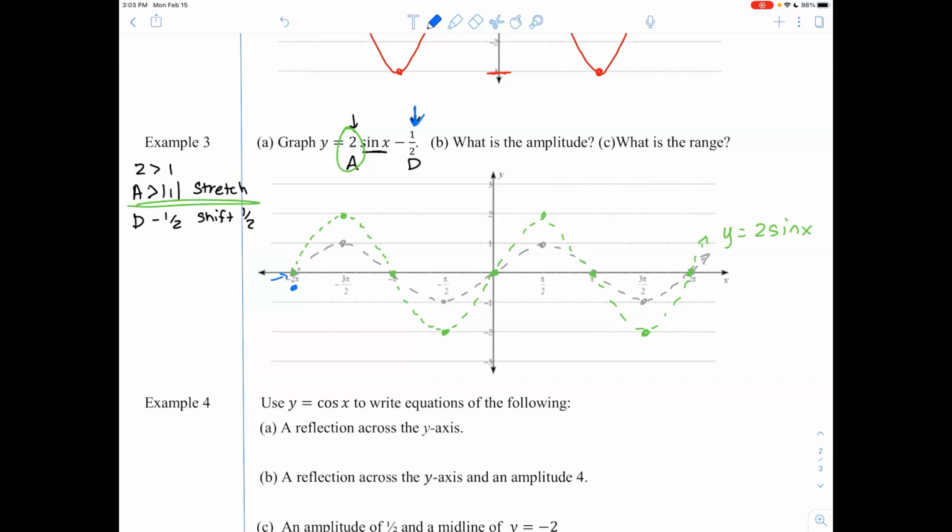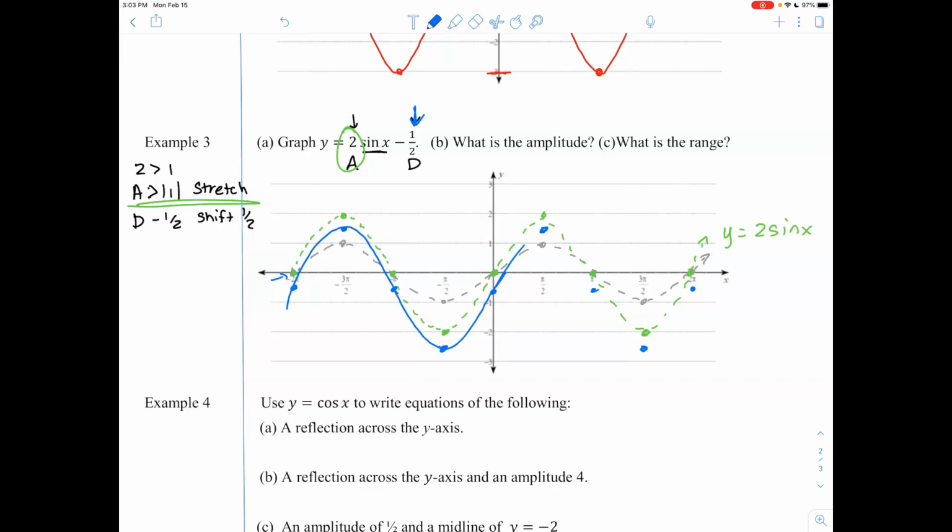Here I am at 2, down 1/2 is 1.5. Then 0, down 1/2. Down here, -2, down 1/2, 0, down 1/2, 2, down 1/2, 0, down 1/2, -2, down 1/2, and then 0 down a half. And that, I'm going to do my solid graph. So this is going to be my final graph here.